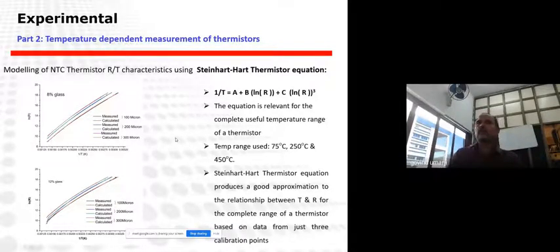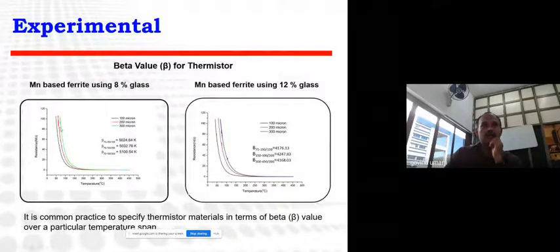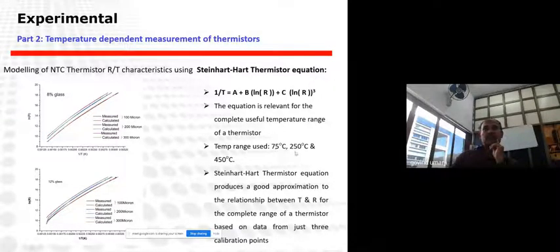How much we measured and how much the calculated value is, we took 3 resistance values from this graph, at initial 75, 250, and 450, and put those values in the Steinhart equation. In this case, we use these temperatures because we want the thermistor to work up to 500 degrees Celsius, and therefore we took 3 values: 75, 250, and 450 degrees Celsius.